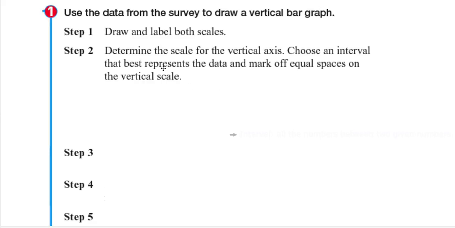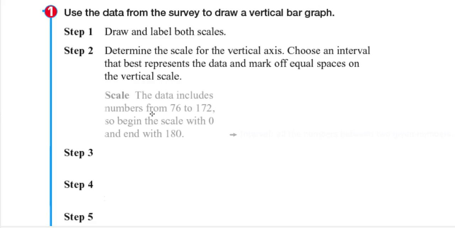First, let's determine the scale. Since the data includes numbers from 76 to 172, we begin with 0 and end with 180. So the least number is 76. The greatest number is 172. So our scale would be 0 to 180.